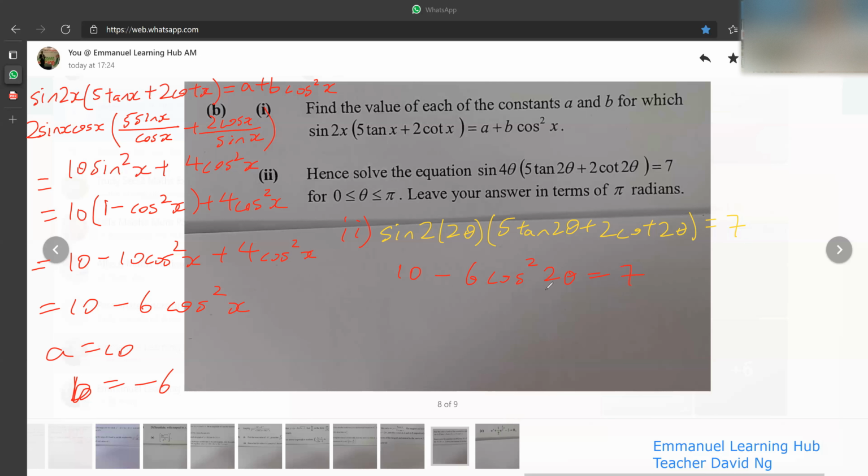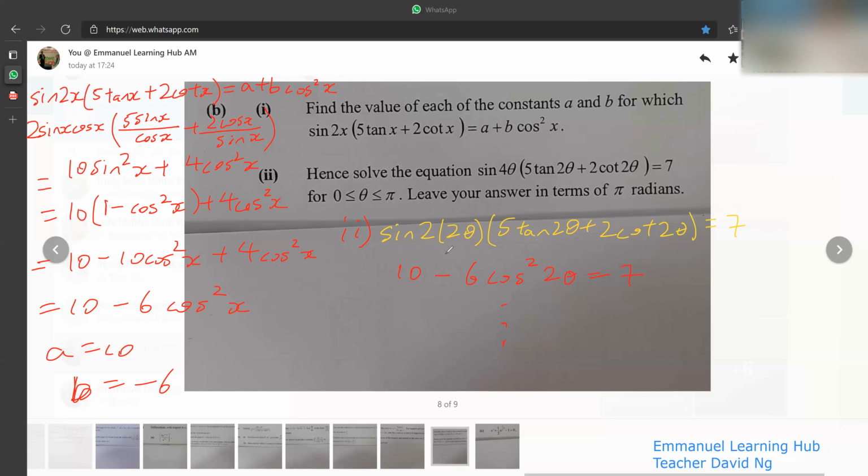Hence solve. Do you understand? So in this form, you know how to do already, right? So no need to continue. Do you still need me to continue to do the rest of the solution? No need.